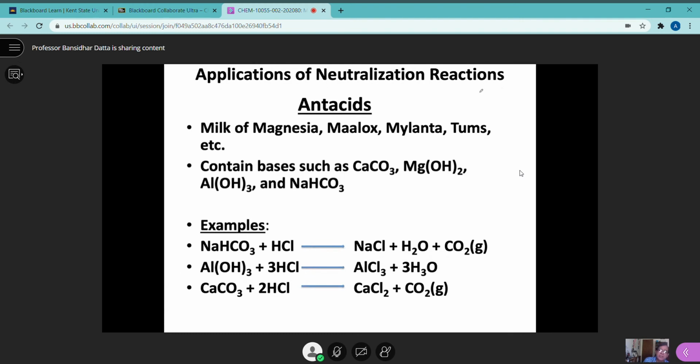It has many applications. As you probably know, one of the most important applications is our stomach. Many people, whenever you eat acidic food, get acid reflux, right? So you have to neutralize it. Once you eat food, the stomach dumps plenty of HCl, hydrochloric acid, very strong.